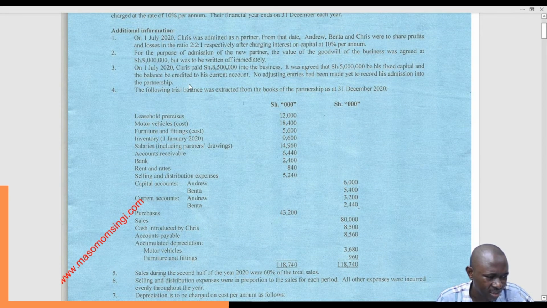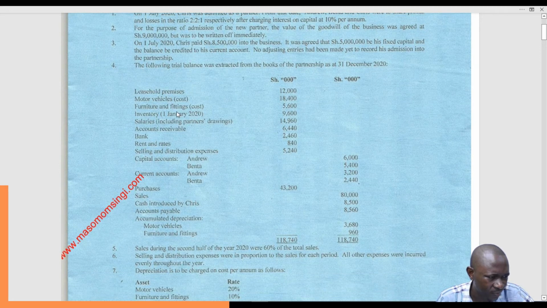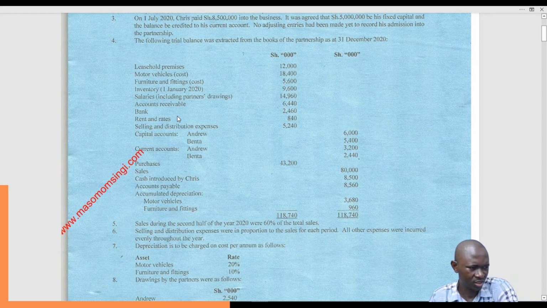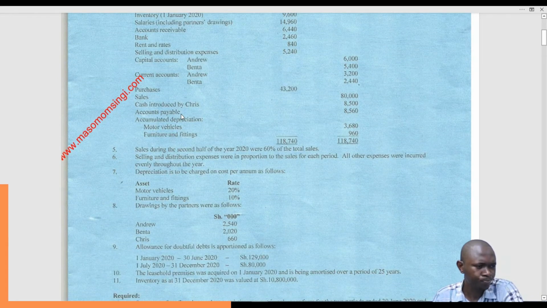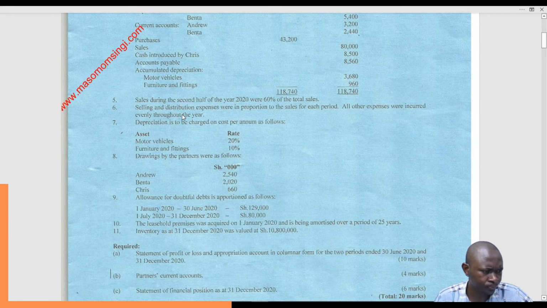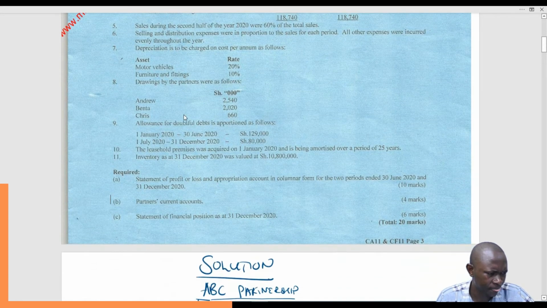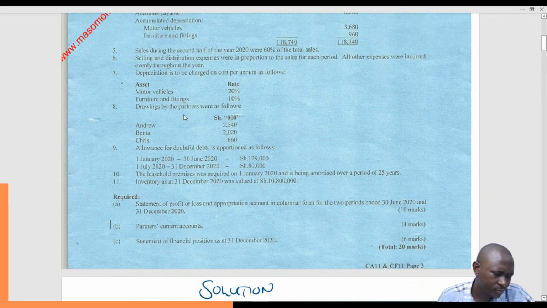Do you have any such stuff? Check around. I'm not seeing any. So since we don't have any, let's go straight to expenses.